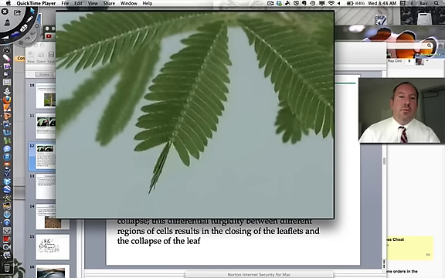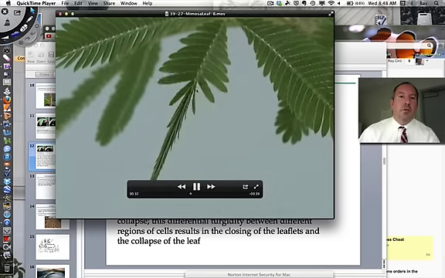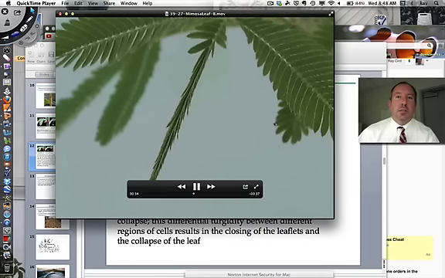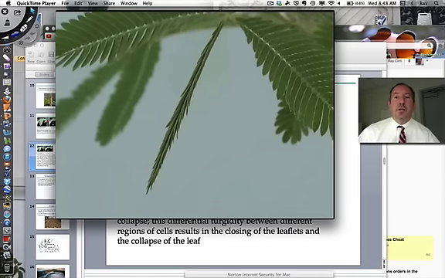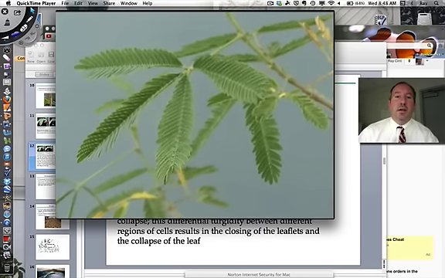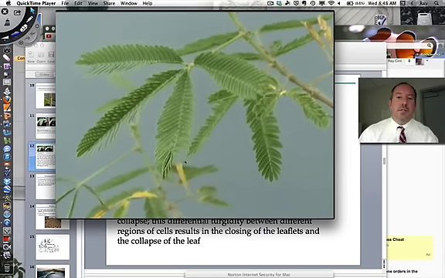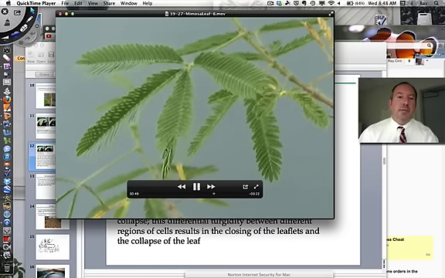In other words, what happens in one part of the plant, like right here, moves down, sort of like an action potential in a neuron, a change in membrane potential from cell to cell, from synapse to synapse. And what's cool is that physical pressure causes potassium to move, and then water moves.